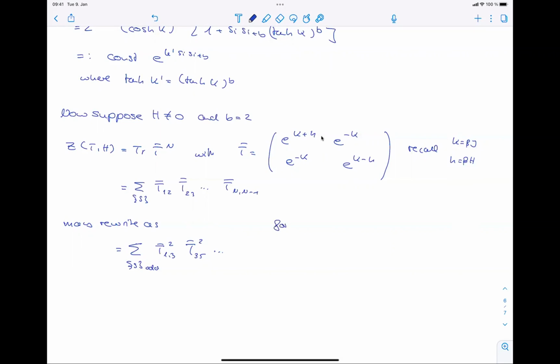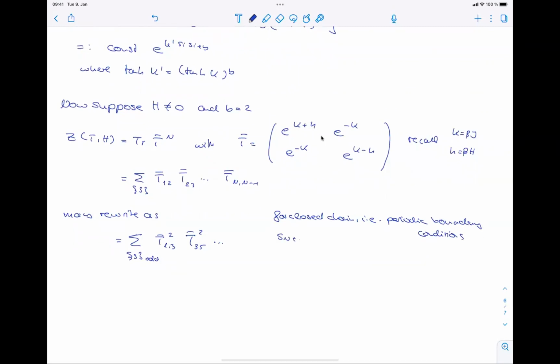So consider a closed chain, i.e. periodic boundary conditions, where S_{N+1} is back to being S_1.